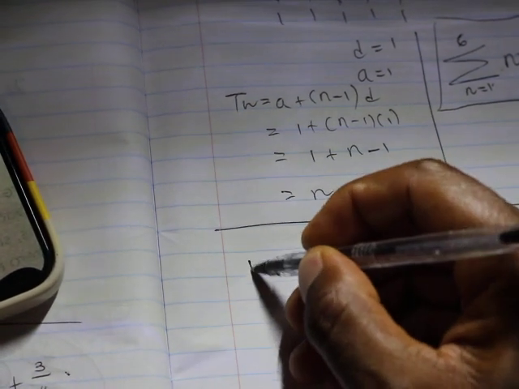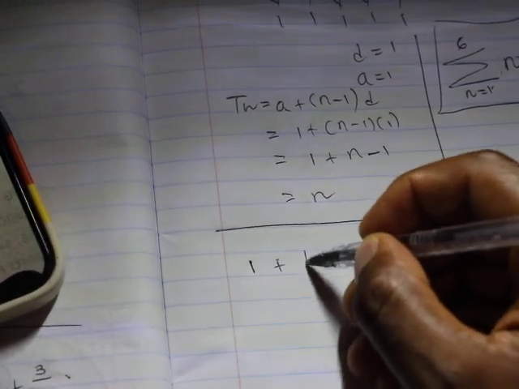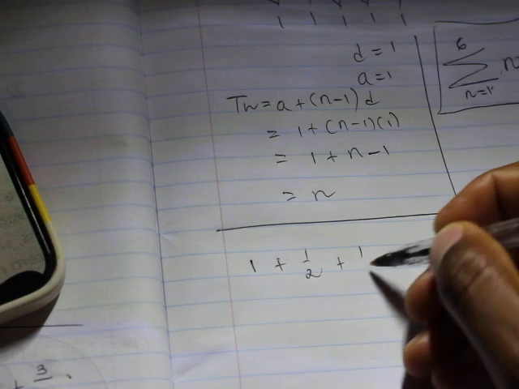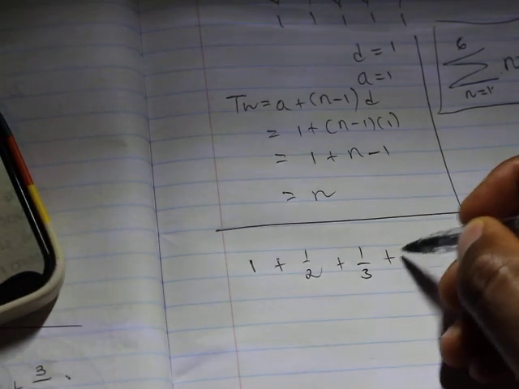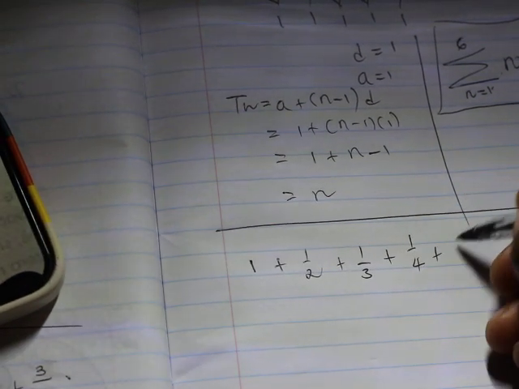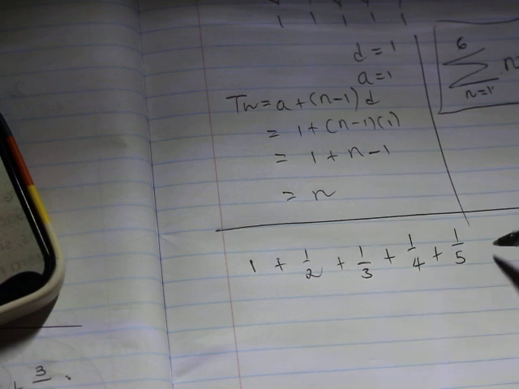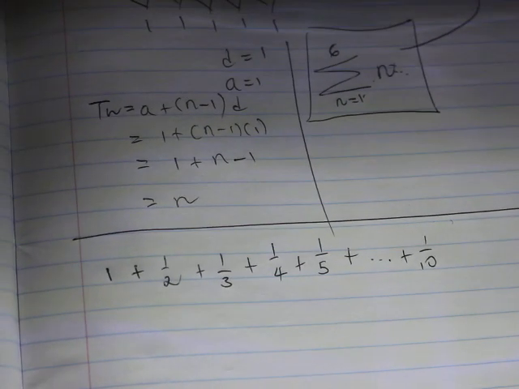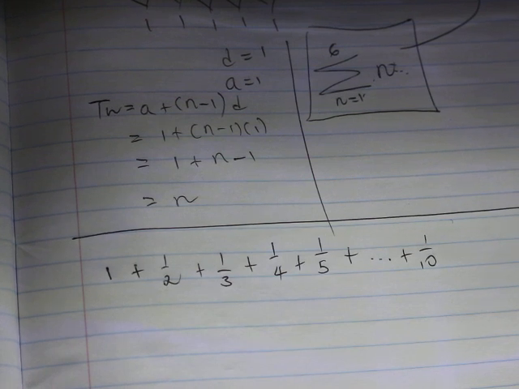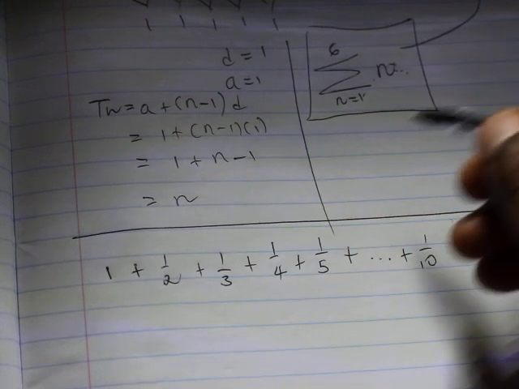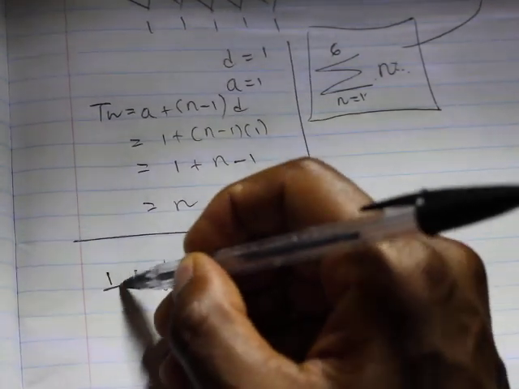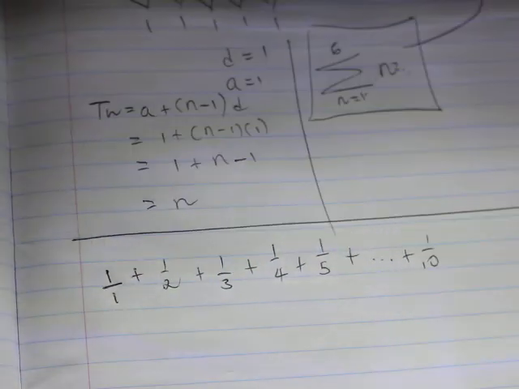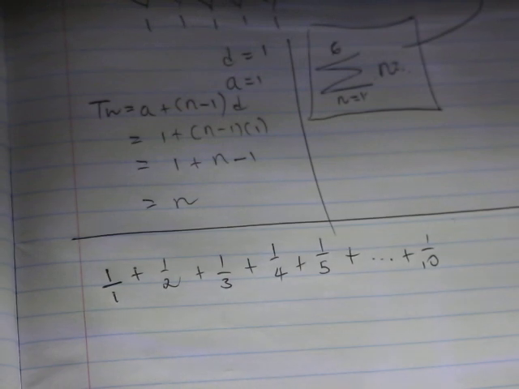So 1 plus 1 over 2 plus 1 over 3 plus 1 over 4 plus 1 over 5, and so on, plus 1 over 10. So it ends at 1 over 10. Although this first term is just 1, let's assume that it's 1 over 1.